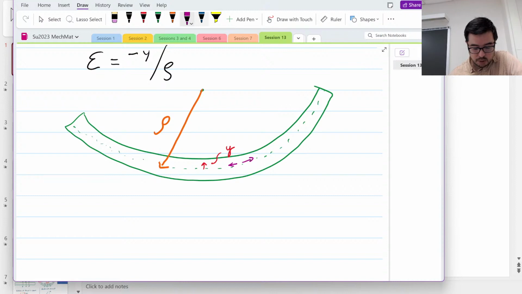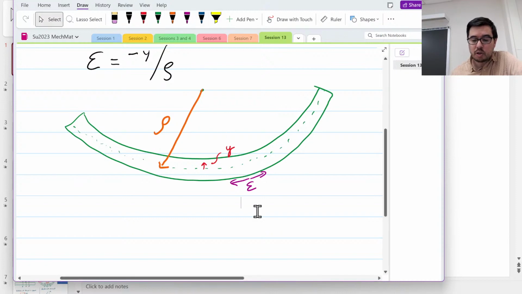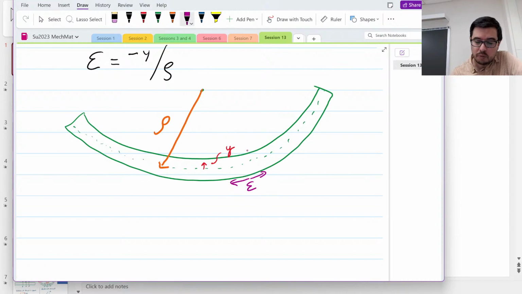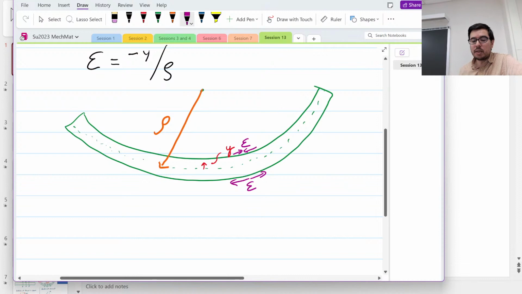Let me do it a different way, actually. For example, there's a lot of strain in tension there, and there's strain in compression above. What are we talking about? This may not be the best way to signify it.